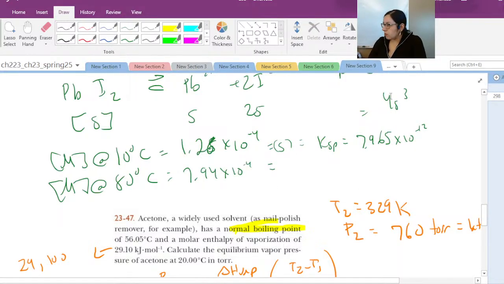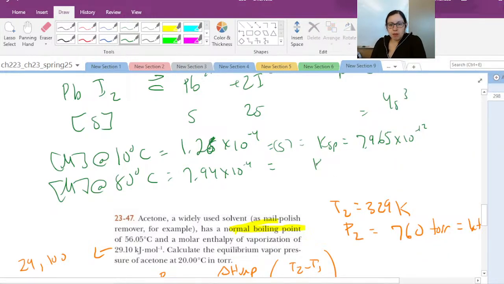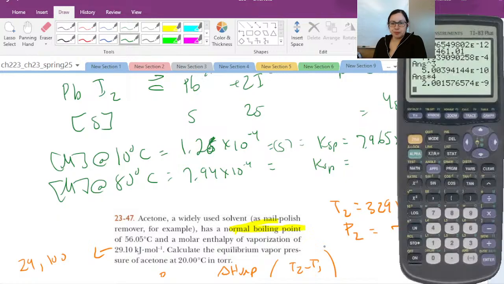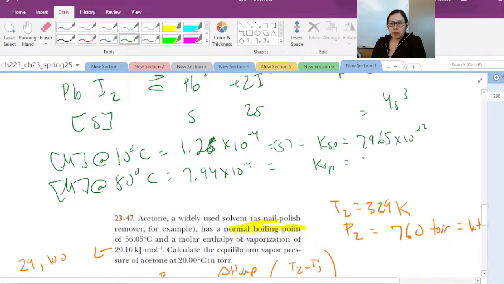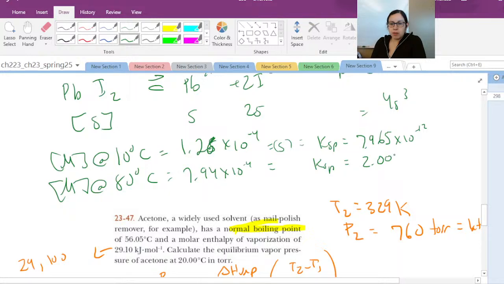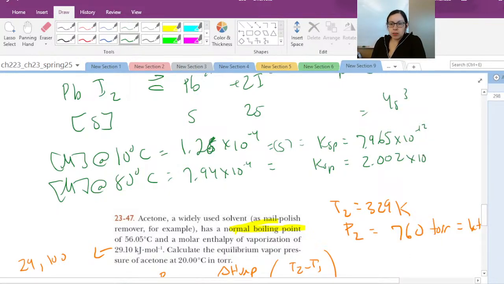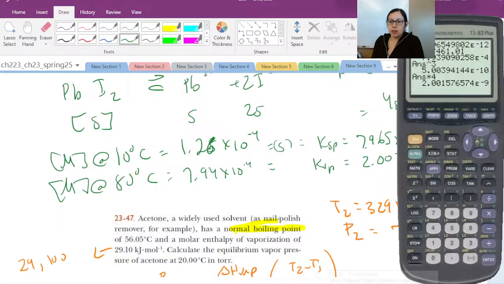And then again, now I'll just plug it into this. So to the third power times 4. So now we have our K value, which is what we really cared about. 2.002 times 10 to the negative 9, roughly.